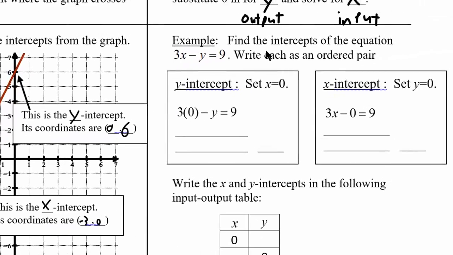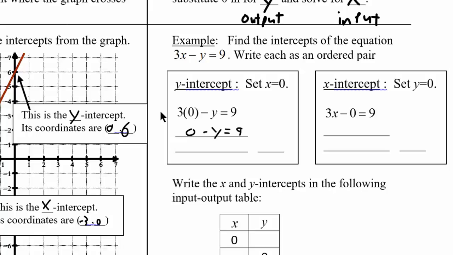Now we have an example. It says find the intercepts of the equation, write each as an ordered pair. So we have 3x minus y equals 9. So to find the y-intercept, remember, we substitute in 0 for x and we solve for y. So we replace the x with the 0, and it looks like we're going to be left with 0 minus y equals 9.